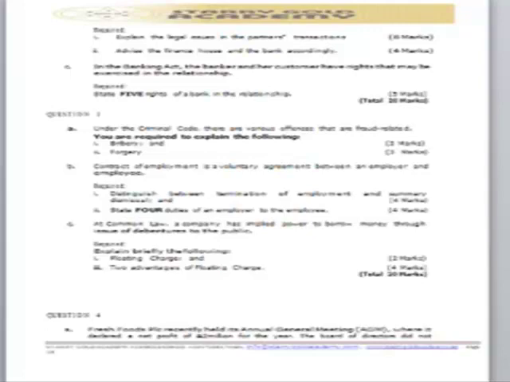Let's also look at this case scenario. Fresh Food PSC recently held an annual general meeting where it declared a net profit of 2 million for the year.